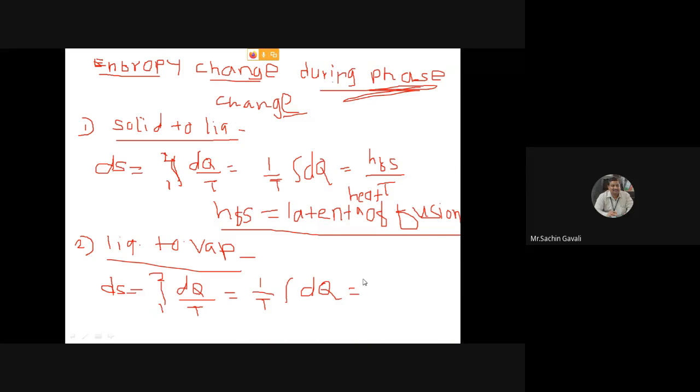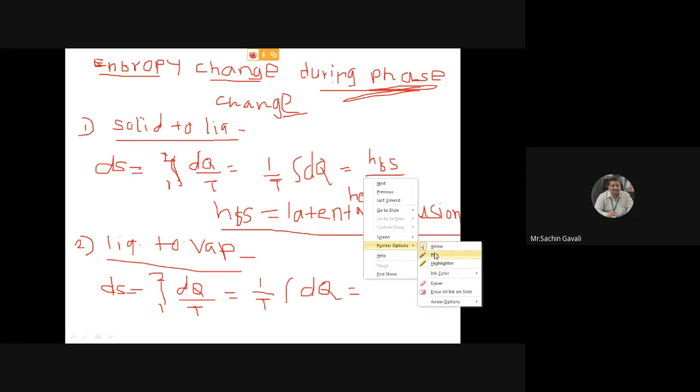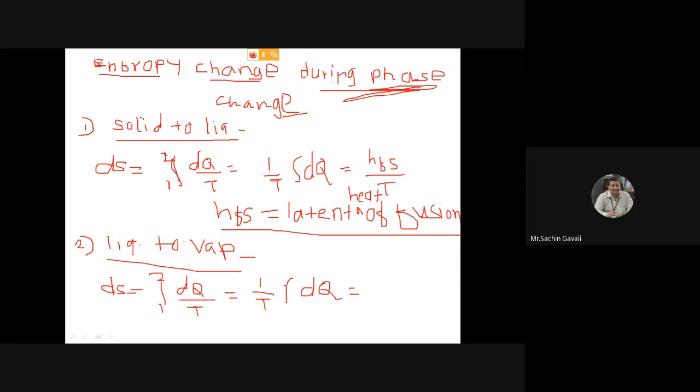Here T is constant, and this entire amount of heat we are denoting by hfg, divided by T. So ds is equal to hfg divided by T. Now hfg is called as, anybody, already discussed, which heat? Latent heat.